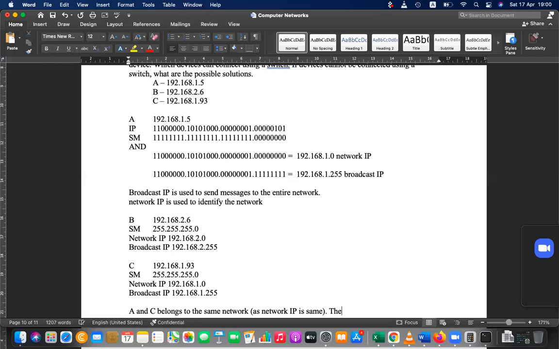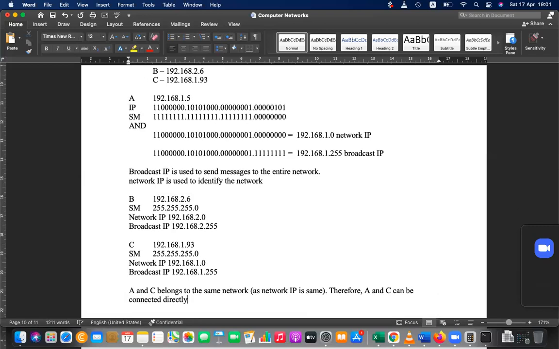Therefore, please write down, therefore A and C can be connected directly or using a switch, a network switch.